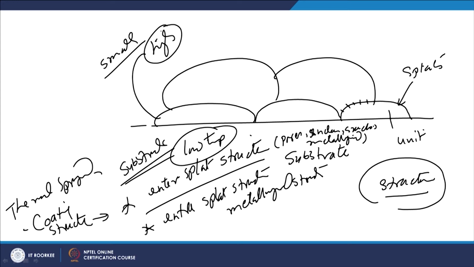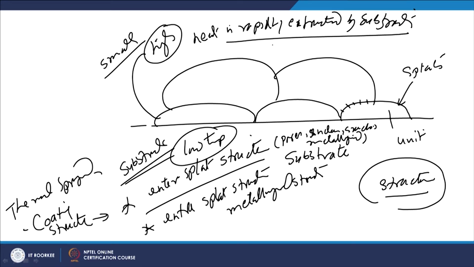Because of this contrast, as soon as the particle impinges on the surface of the substrate, the heat is rapidly extracted by the substrate from this particle, and this in turn causes the rapid cooling of the splat, which is either in the semi-solid state or the completely molten state, and this in turn causes the rapid solidification of the splats.